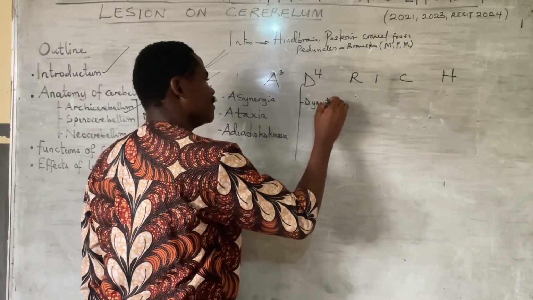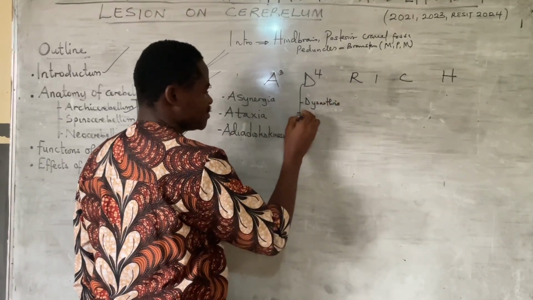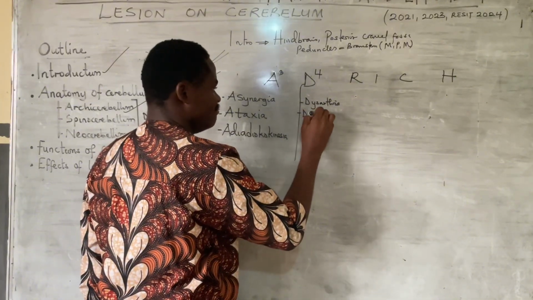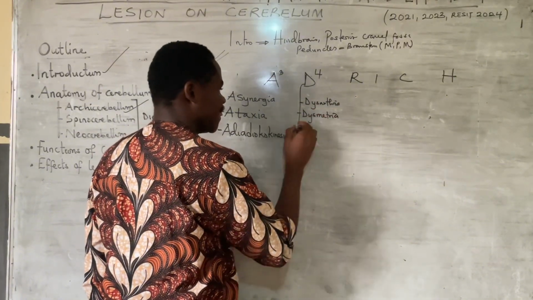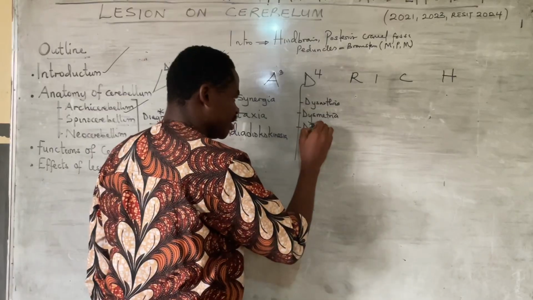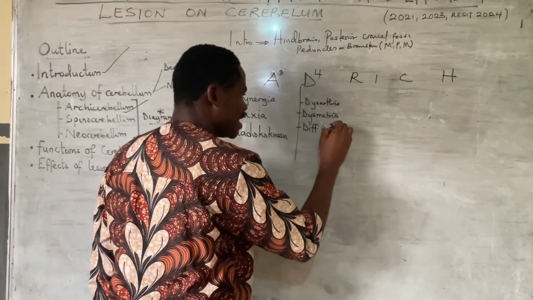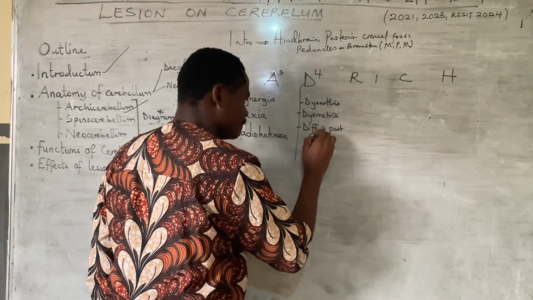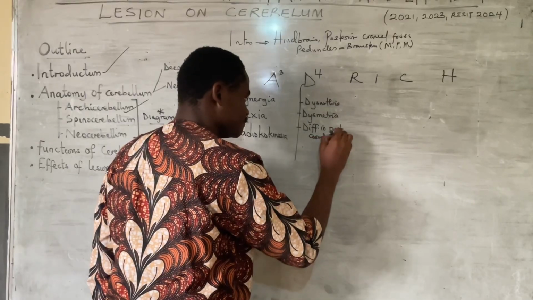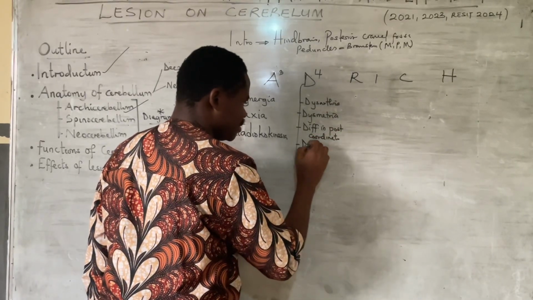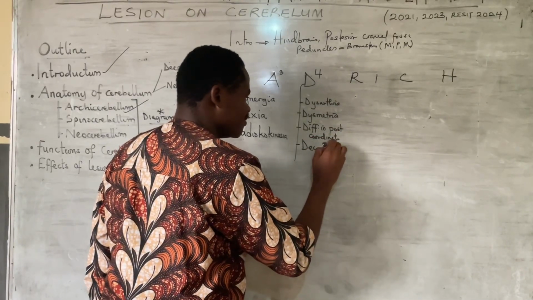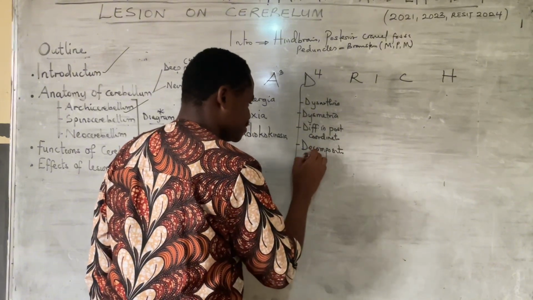Dysarthria. I'll explain each of them soon. Dysmetria. Difficulty in postural coordination. And then the last D, decomposition of movement. This is when everything has failed.